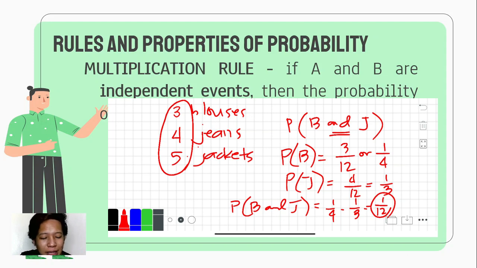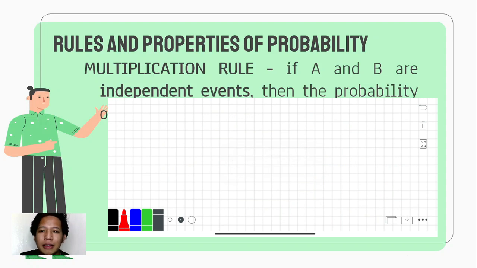So now, what if we are given the circumstance na dependent yung events. Kapag dependent naman yung events, ibig sabihin, hindi pwedeng mangyari yung isa hanggat hindi nangyayari yung isa. Okay?